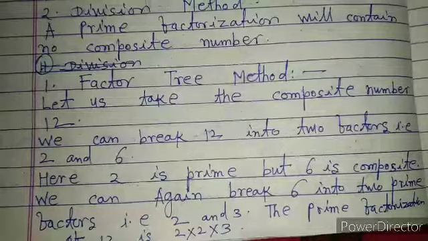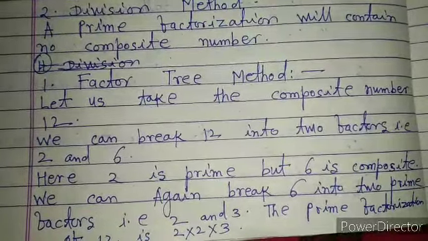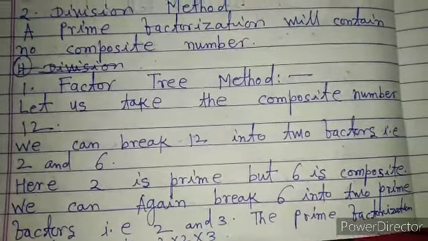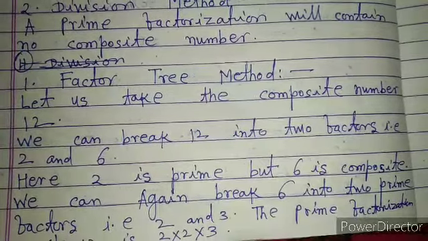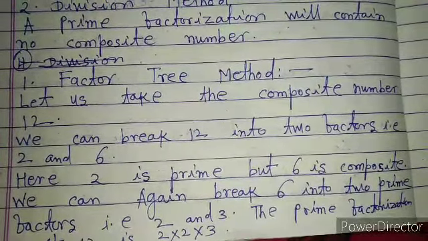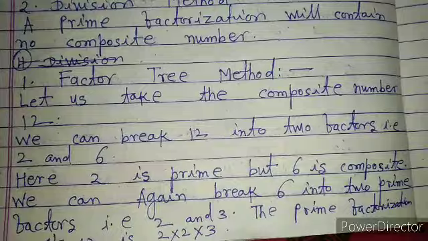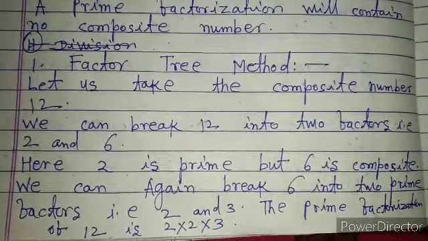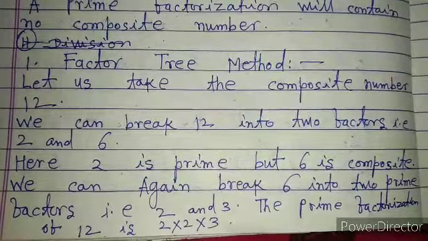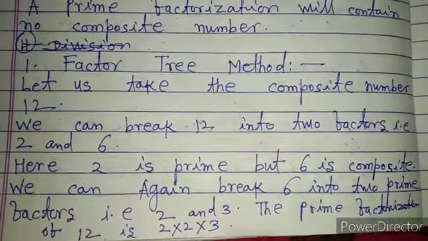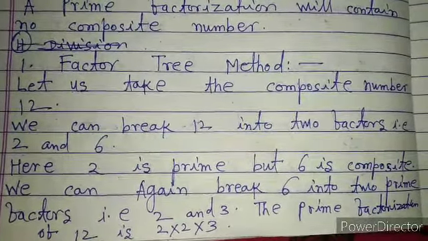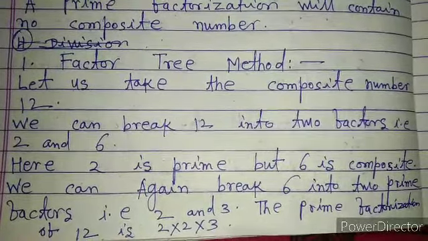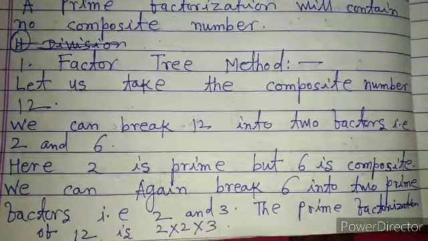For example, if we write the prime factors of 12, we can break 12 into two factors, 2 and 6. Here 2 is prime but 6 is composite. We can again break 6 into two prime factors, that is 2 and 3. The prime factorization of 12 is 2 into 2 into 3.